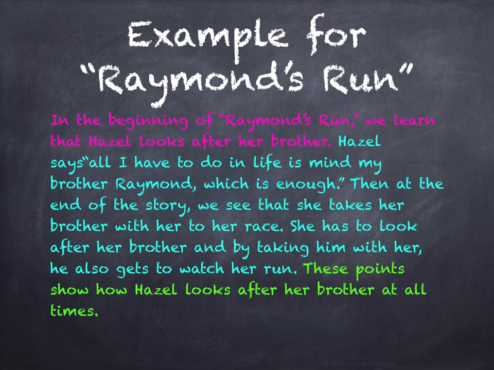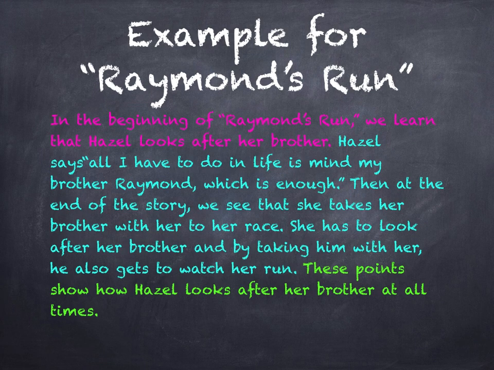So you can see in my paragraph that I had my topic sentence. I know that we're going to be talking about how Hazel looks after her brother. My examples talk about how Hazel is looking after her brother all the time. And then my closing sentence ties up the entire paragraph.